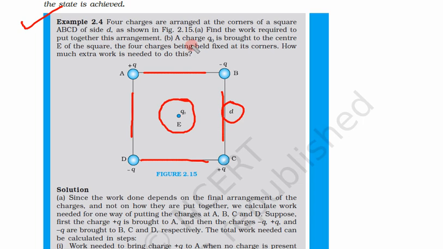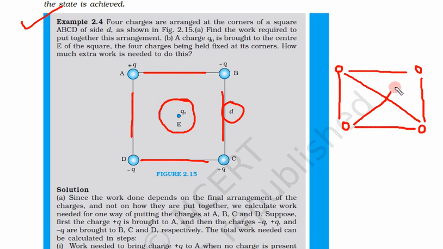Okay, last year we also did a similar kind of example for potential. When we solved for the gravitational potential, we calculated the work done, and as I said last year also, for the first particle there is no work needed, for the second the work needed is because of the first, for the third particle work needed because of the second particle and first particle, and for the fourth particle work needed because of the first, third and second particle.